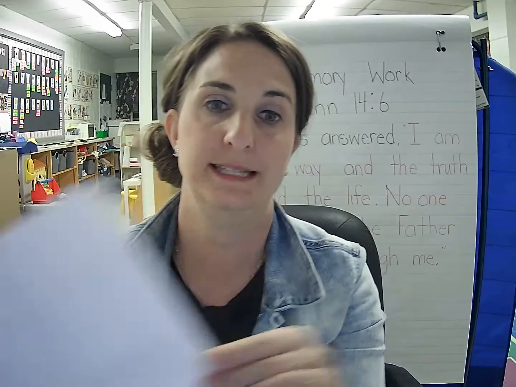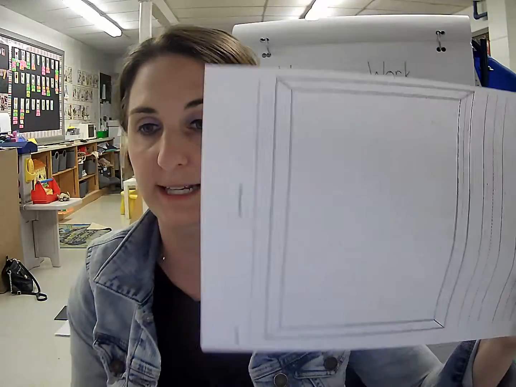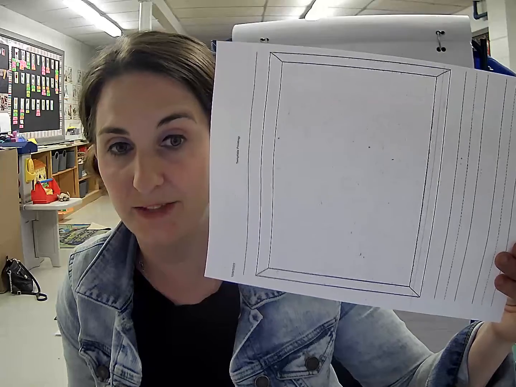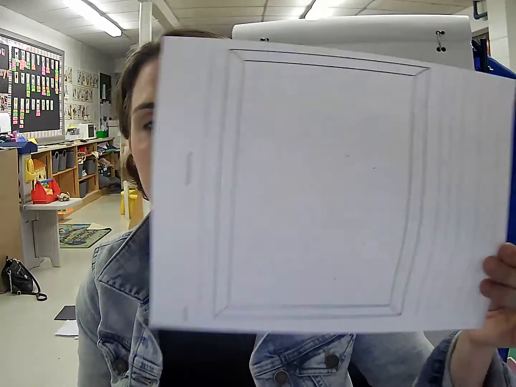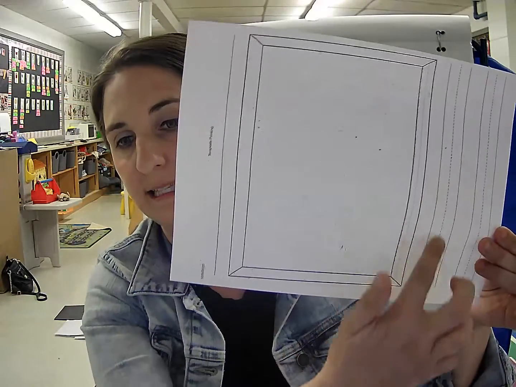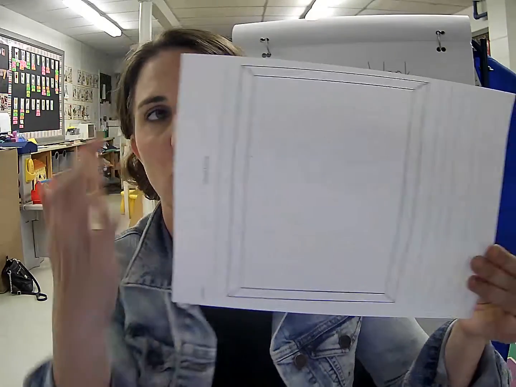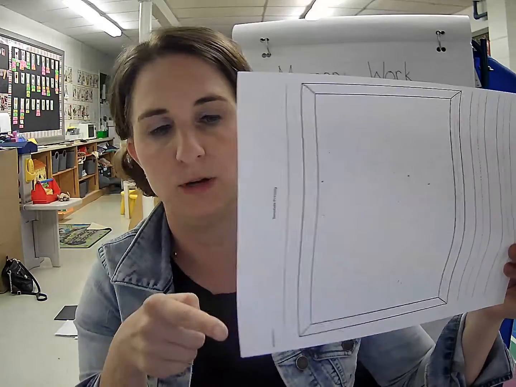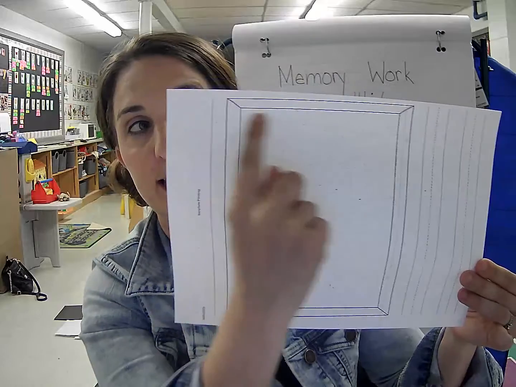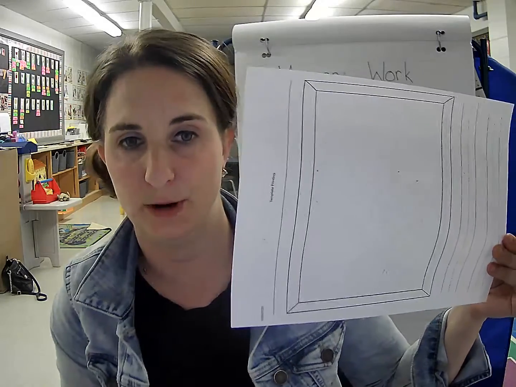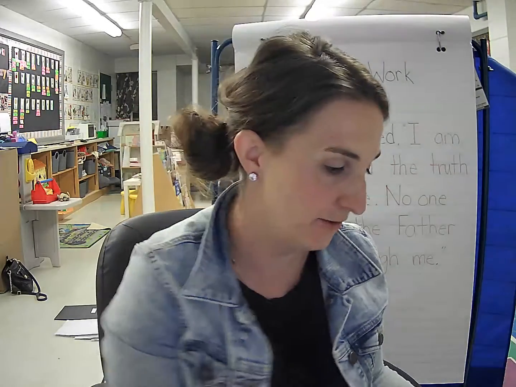Same with a piece of paper. If I wanted to measure the area of this paper, I would measure the inside of my paper. Not how long it is or how tall it is, the inside of the paper. So that is measuring the area.